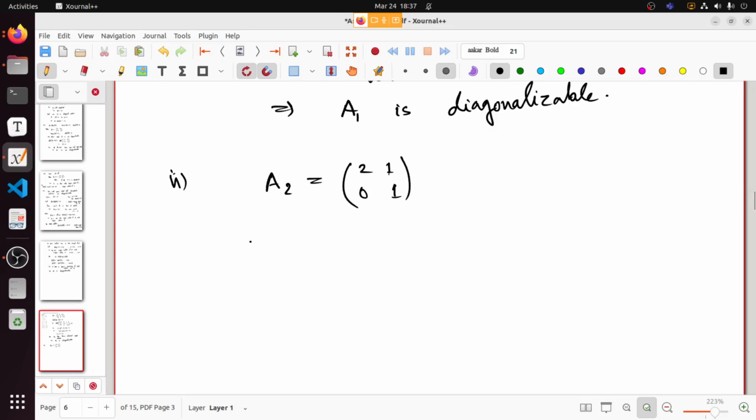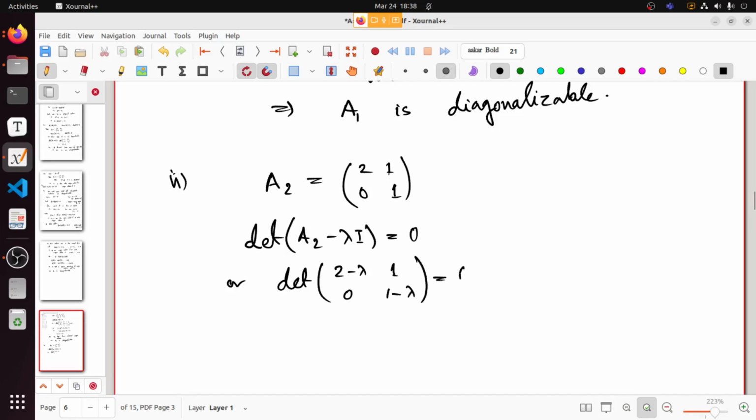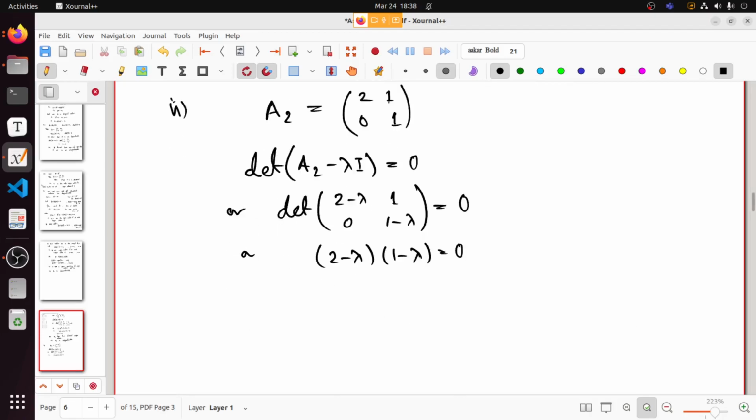You can also easily calculate this. The determinant of A2 minus lambda I equals 0, which implies the determinant of 2 minus lambda 1, 0 1 minus lambda is 0, so (2 minus lambda)(1 minus lambda) is 0, meaning lambda equals 1 and 2.